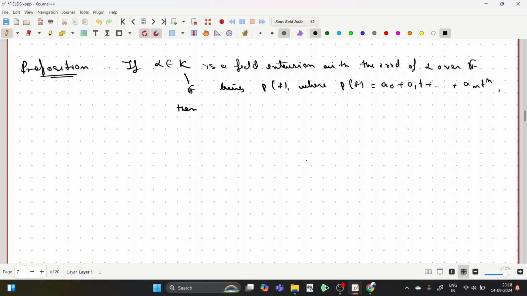or you can just think of the fact that the degree of P(t) is n, then the collection 1, alpha, alpha squared, and so on till alpha to the power n minus 1 is a basis for the field F(alpha), as an F vector space.